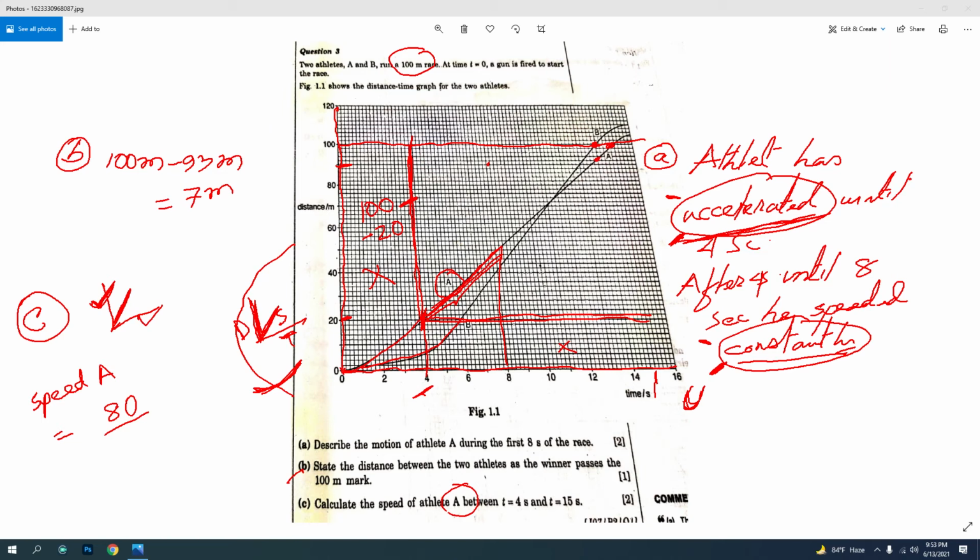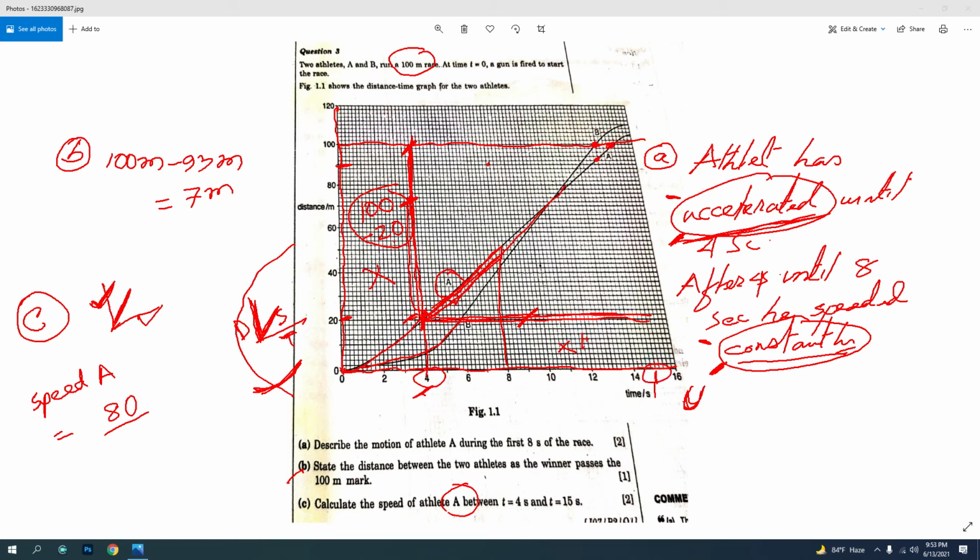I told that for getting this speed, you have to count this line and that line, right? This line you already have got, 100 minus 20. Why 100 minus 20? Because the race is until 100 and the race has started from 20. And you are watching this dimension, the value of this line is, the beginning is 4 and last is 15.